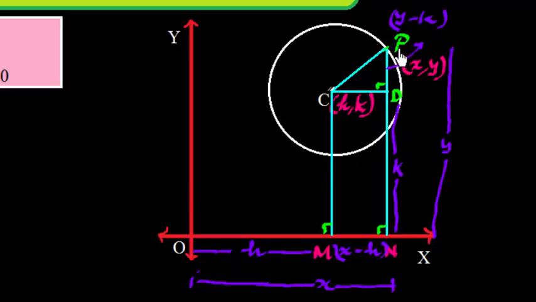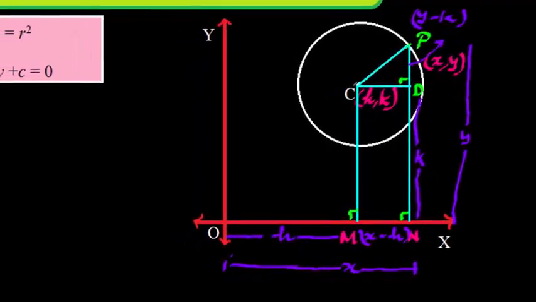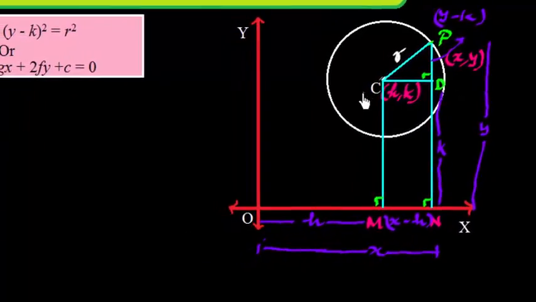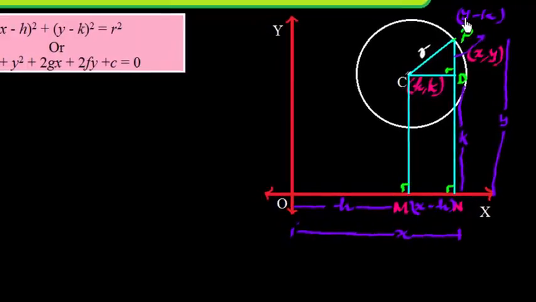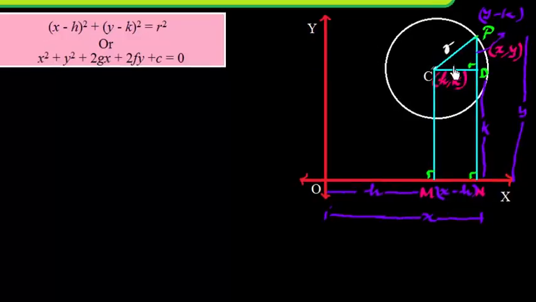Now in this triangle PDC, PC is the radius of the circle, which is denoted by R. So we now have CD, which is x minus h, PD, which is y minus k, and the radius R. Now we apply the Pythagoras theorem here.